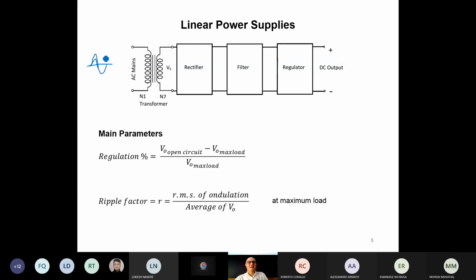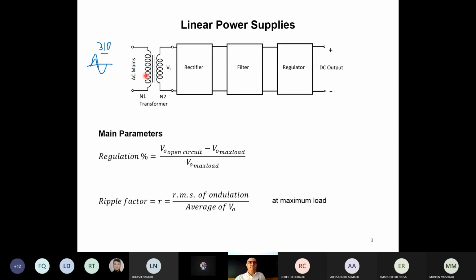The peak voltage is 310 volts, more or less. If we consider the effective voltage, we go down to 230 volts. This is something that we must keep in mind because we are going to use it in a few moments.